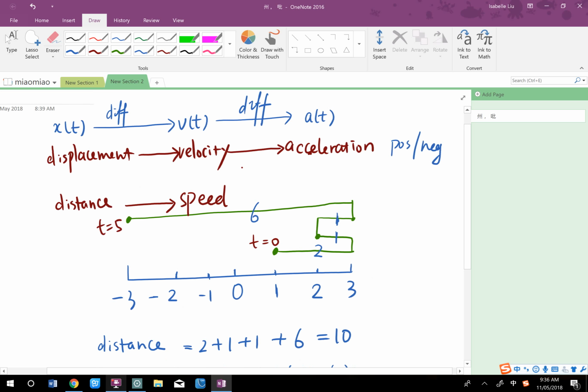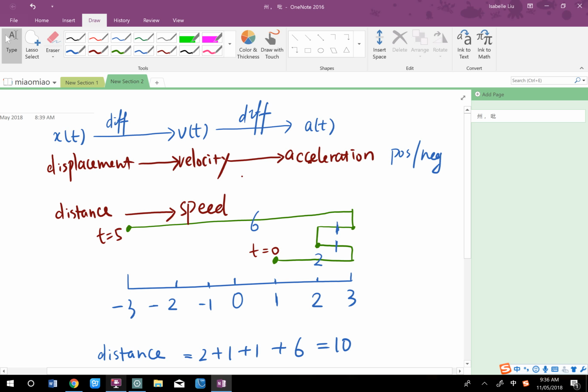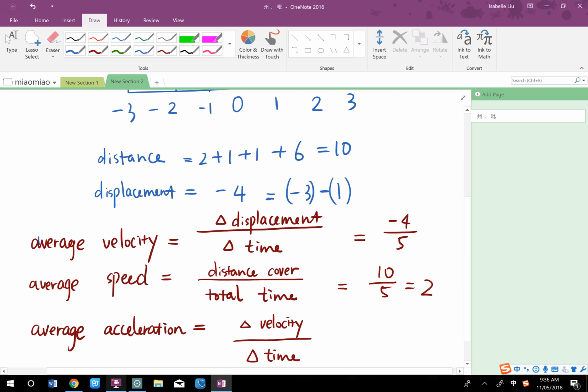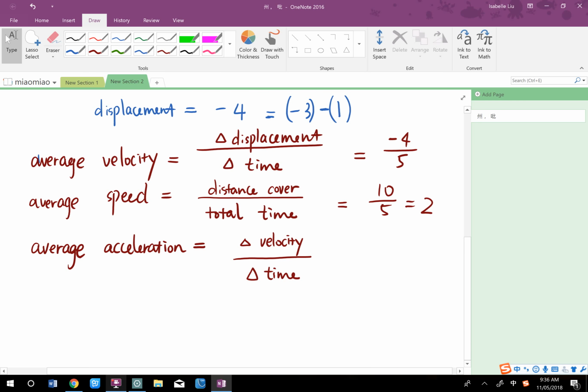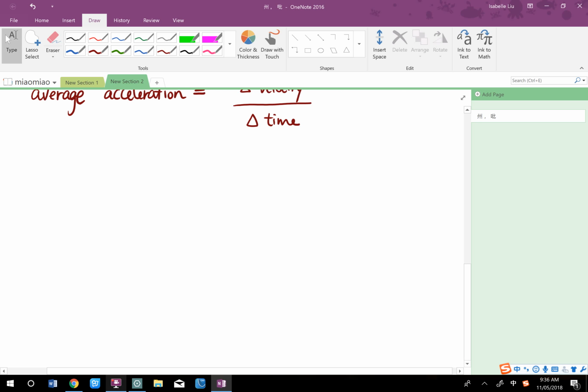So what we have learned so far: we learned the differentiation between xt, vt, and at, how we can get from each other, and we talked about the average speed, velocity, and acceleration, 3 formulas. And one last thing we need to know is the very useful graph, which is the vt graph.